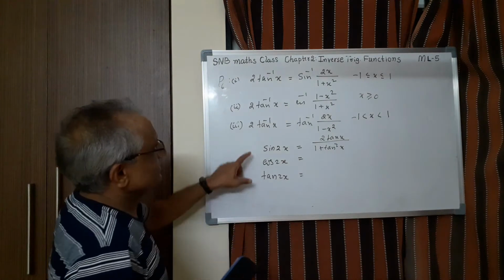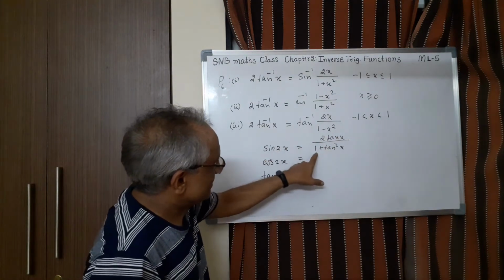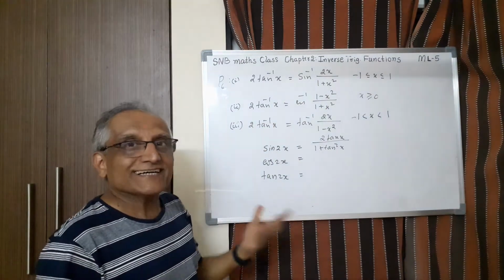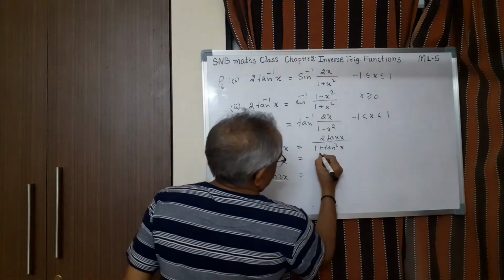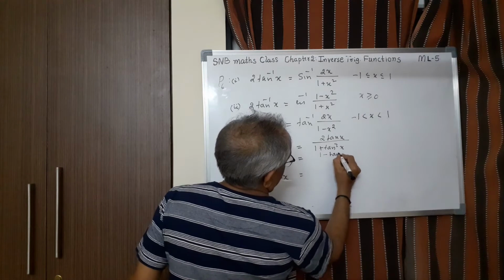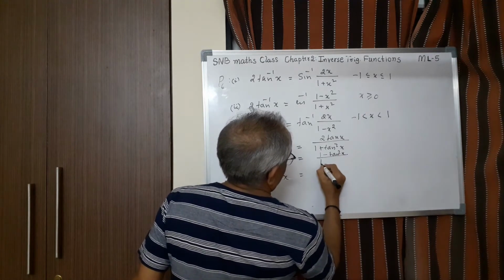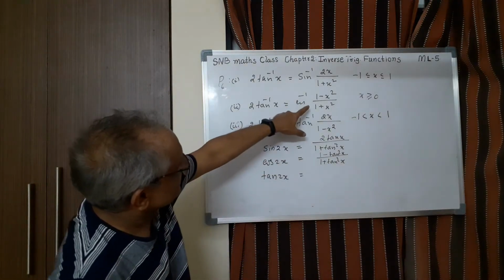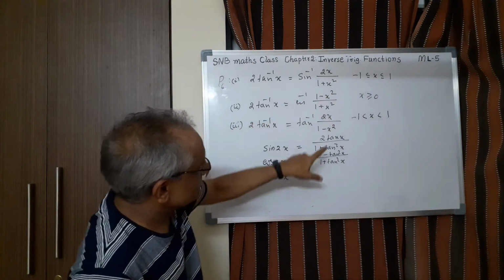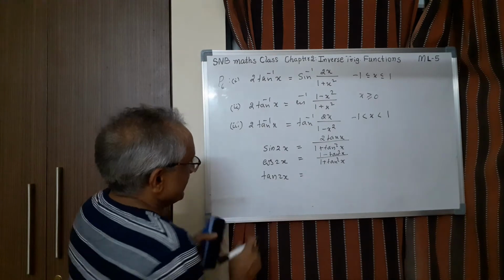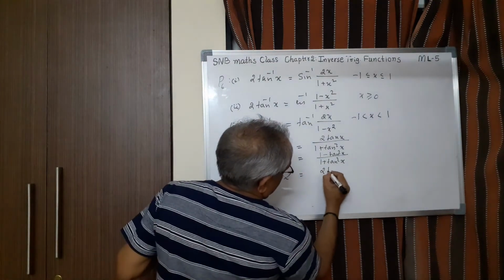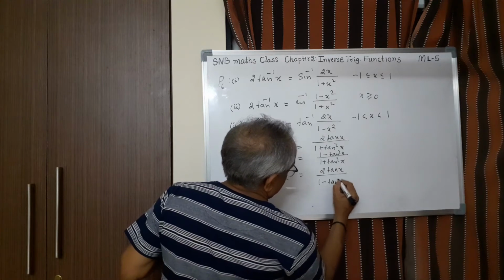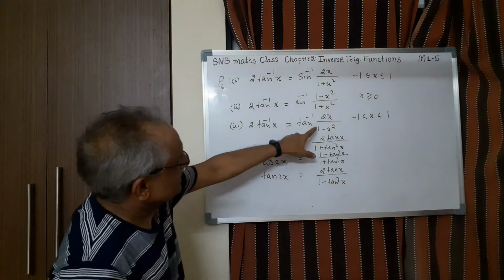See the similarity here: 2 tan x by 1 plus tan square x, here 2x by 1 plus x square. So that is the connection. Similarly, here it is 1 minus tan square x by 1 plus tan square x. This was the formula; you can connect here, it is 1 minus x square by 1 plus x square. And here it is 2 tan x divided by 1 minus tan square x.